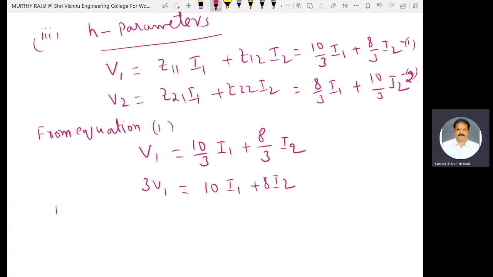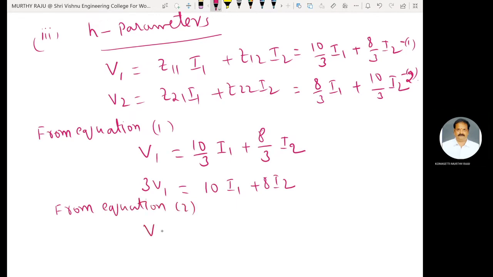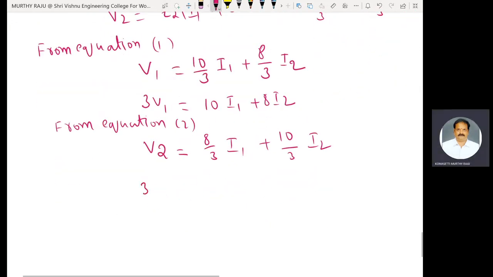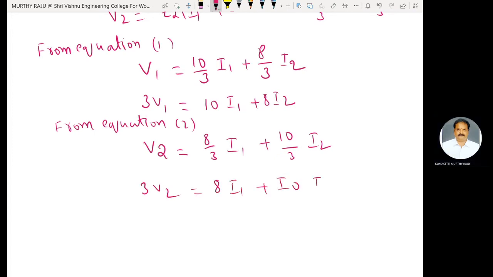From equation 2, V2 is equal to 8 by 3 I1 plus 10 by 3 I2. Therefore, 3V2 is equal to 8 I1 plus 10 I2. By using these two equations, they are transformed into H parameters.